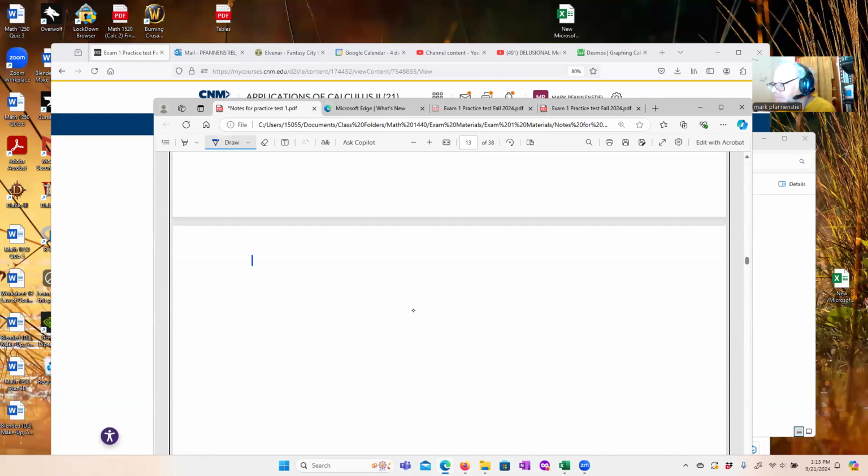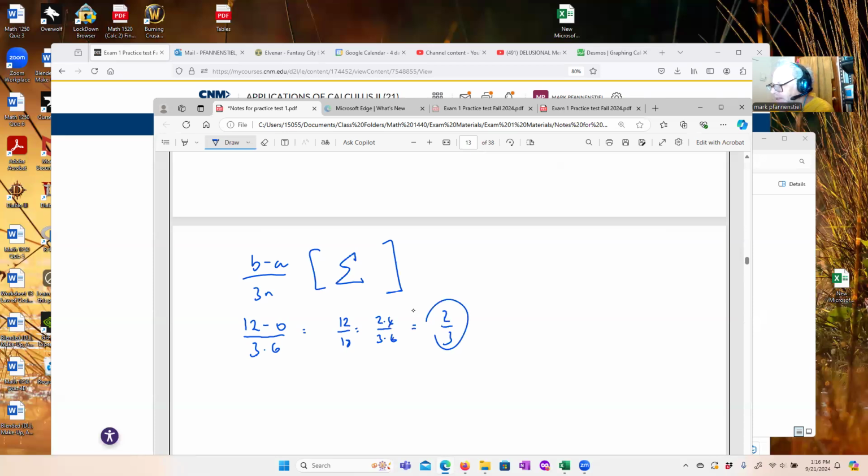We have b minus a over 3n, and then the sum of all of these functions. So we have 12 minus 0 divided by 3 times 6, since there's 6 n's. We multiply the whole sum by 12 over 18, which is 2 times 6 divided by 3 times 6, so the whole sum is going to be multiplied by 2/3 to get our actual answer.